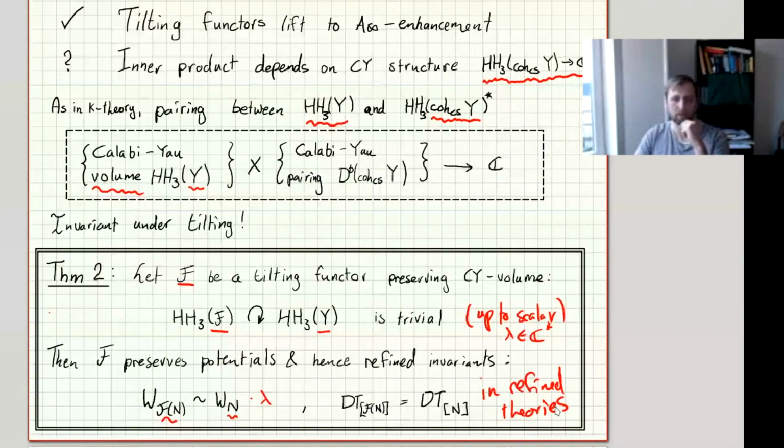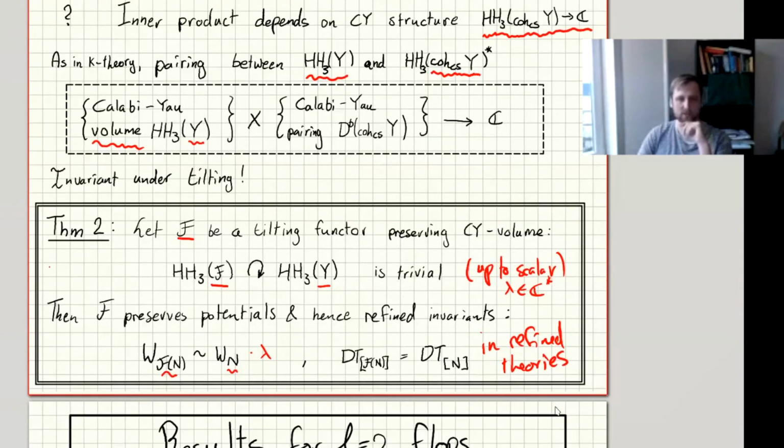Right. So that's the second theorem I proved in my thesis, that this tilting is also compatible given this condition, and therefore the refined theories also behave nicely with respect to this tilting.